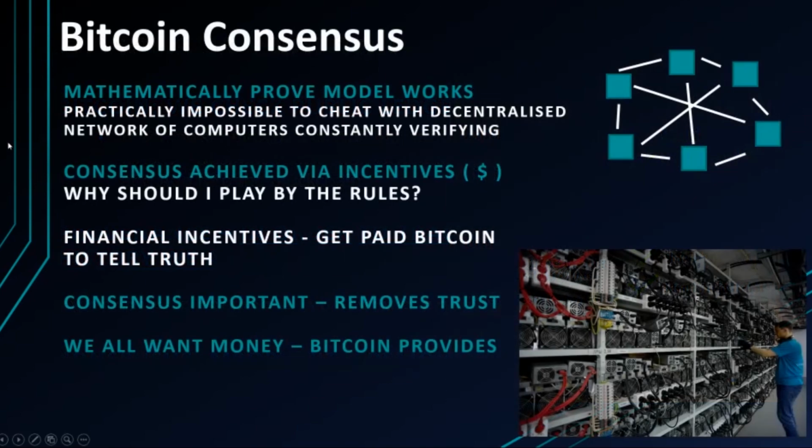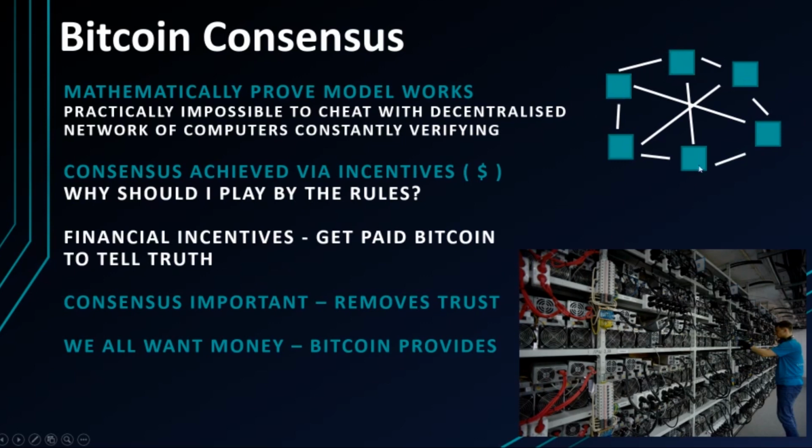So now we're going to talk about Bitcoin consensus. In Bitcoin, you can mathematically prove a model works. Here we have this, which will represent the Bitcoin network, all nodes connected. It's practically impossible to cheat with a decentralized network of computers constantly verifying.